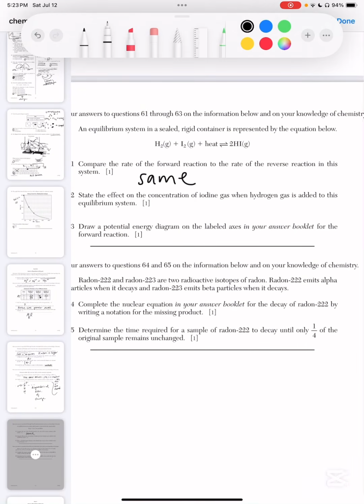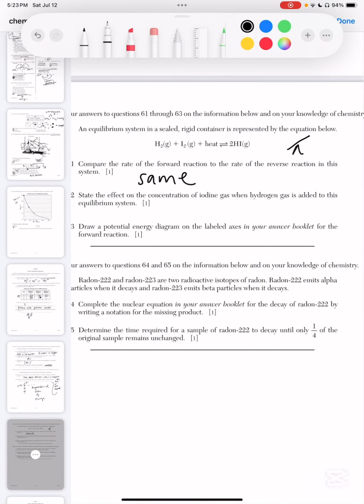State the effect on the concentration of iodine gas when hydrogen gas is added to this equilibrium system. So when you add hydrogen gas to this equilibrium system, it shifts the reaction to the right, to favor the production of the products. So what happens to the concentration, or the partial pressure, concentration, partial pressure, same thing, basically.